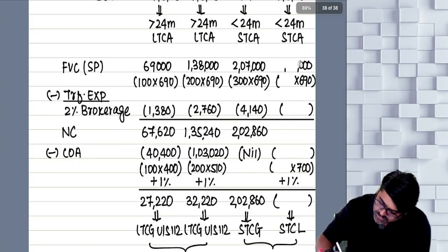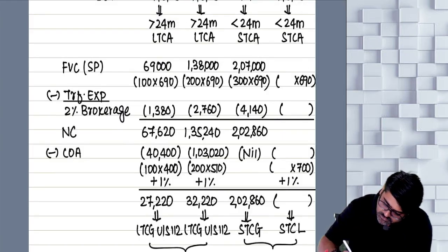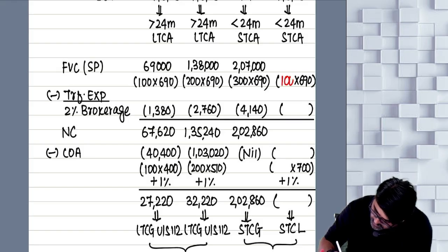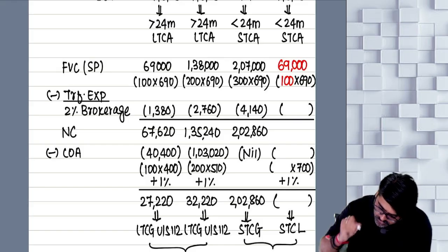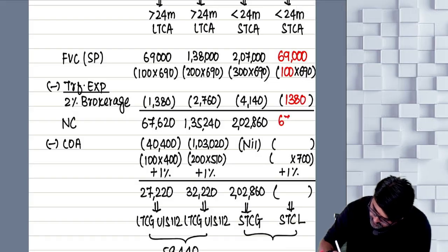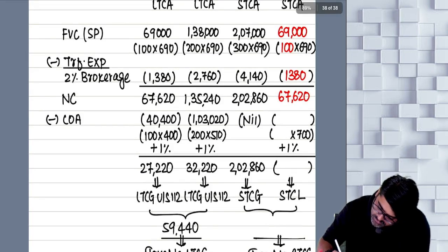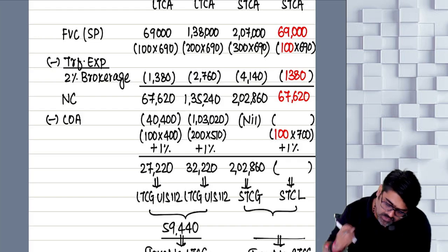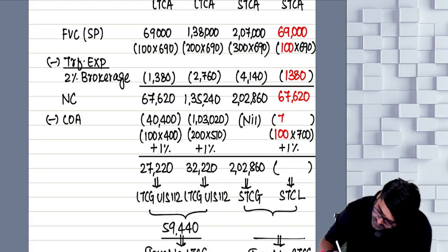So tell me now here, how much will I take? 100 into 690 will be 69,000. 2% of that, 1,380. Reduce, 67,620. Yes or no? Now, these 100 shares had a cost of 700 plus 1%, 70,700.